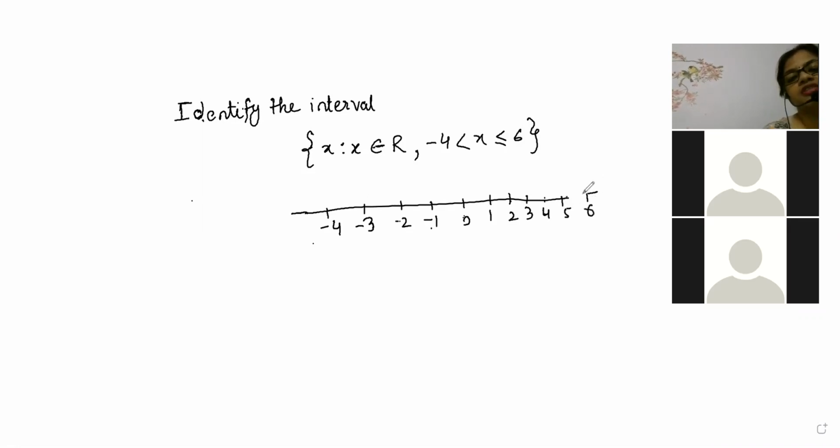Now, beta, at 6, equality is there. Equality means the line below, so that means 6 is included. But with -4, an open interval is there. So that means the numbers exactly starting from -4, open interval means after -4, whatever number comes till 6, all of it belongs, x belongs to all of this, beta, because it is the set of real numbers.